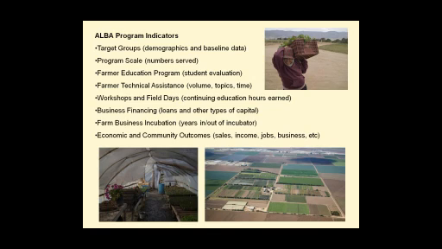We move along to, in the annual farmer survey, measuring business financing, loans acquired, and other types of capital. And we, of course, look at farm business incubation and the years that people are able to operate in and outside of the incubator.